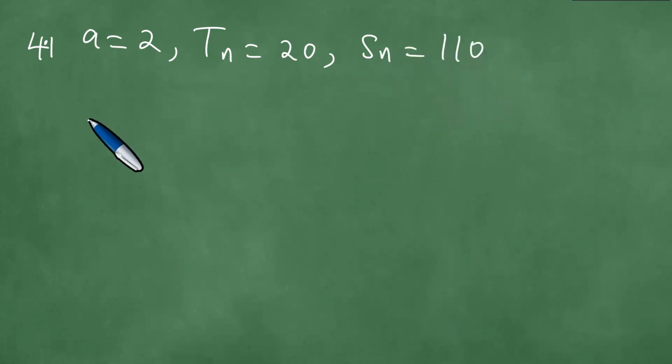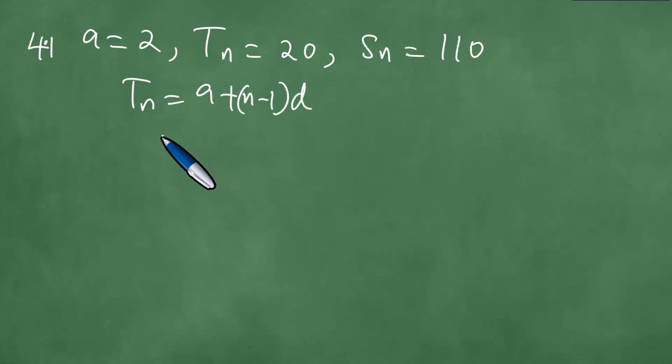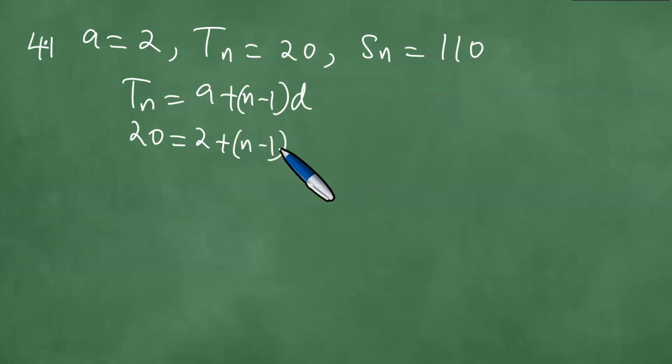Another student can say, okay, but there's Tn here, so we can use Tn. The student can write the formula for Tn, which is at the back of the question paper as well, and the student is going to write this. A is 2. So what is the student going to get here? 20 minus 2, which is 18.